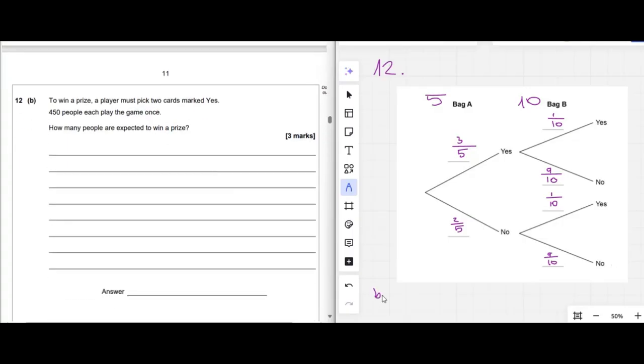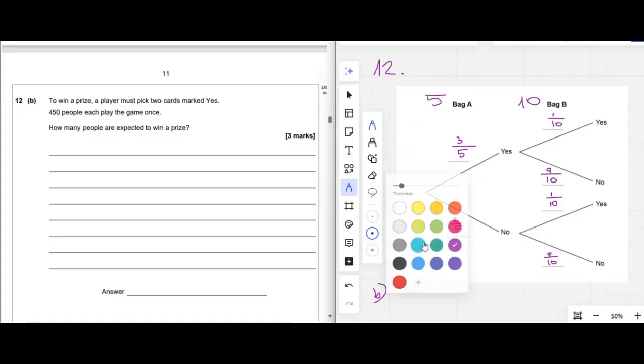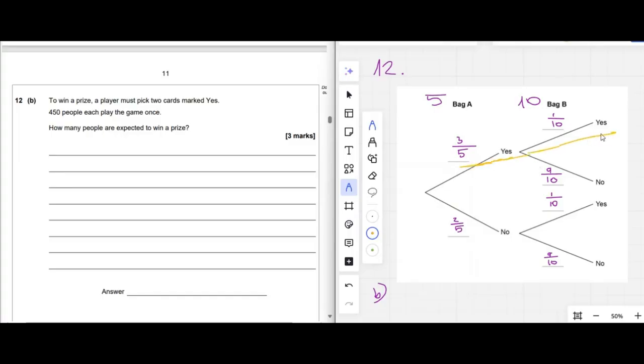Now let's use it. To win a prize, a player must pick 2 cards marked yes. 450 people each play the game once. How many people are expected to win a prize? So, 2 cards marked yes, it will be this way, yes and yes.